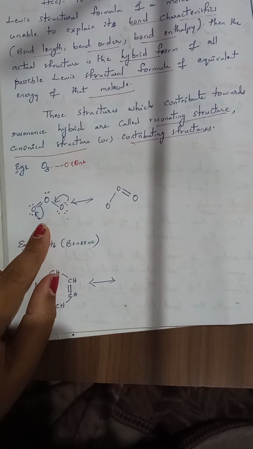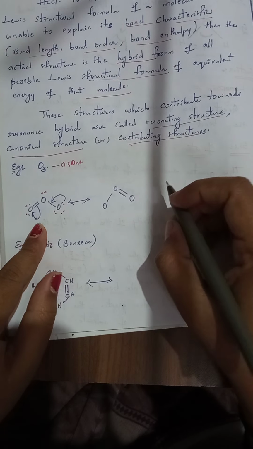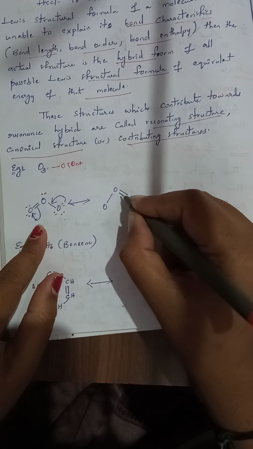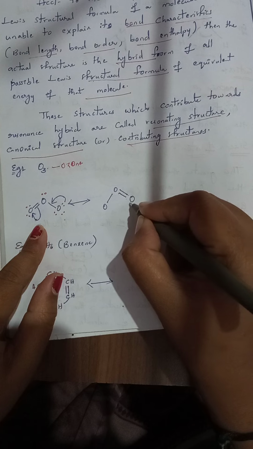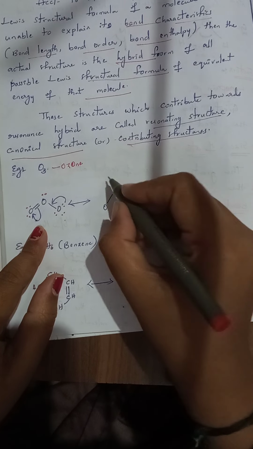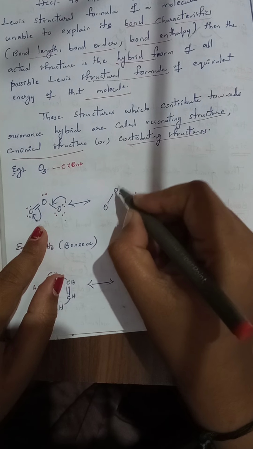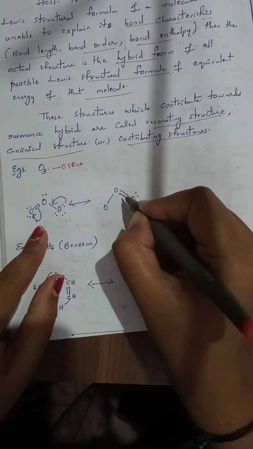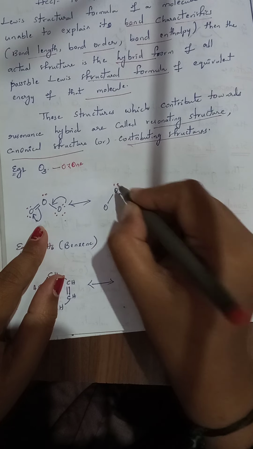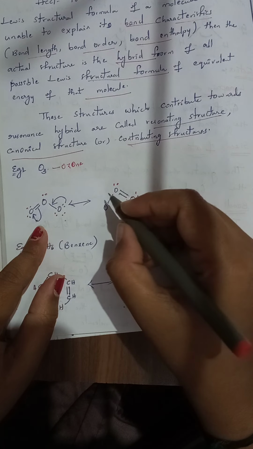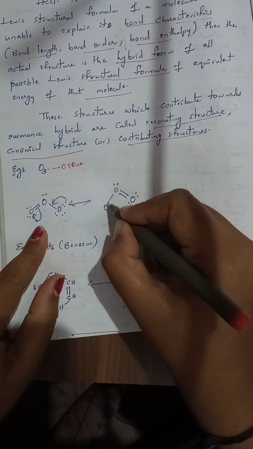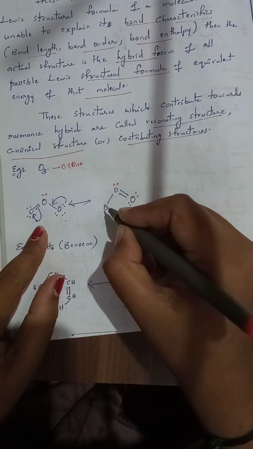Now each atom should have 8 electrons. On this oxygen, 1, 2, 3, 4 electrons are there, and still 4 electrons can exist in the form of lone pairs. On the second oxygen atom, 1, 2, 3, 4, 5, 6 electrons are present, and another 2 electrons can exist as a lone pair. For the last oxygen atom, only 2 electrons, that means 2 bonded pair electrons, are there.